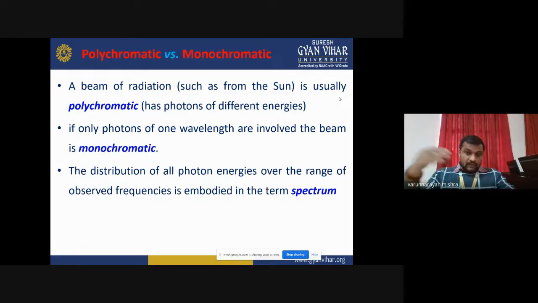Depending on the wavelength, we may have different types of photons. If the wavelengths are different, then we have different energy levels. And if the electromagnetic radiation is traveling at the same wavelength, it is considered a monochromatic source of radiation.